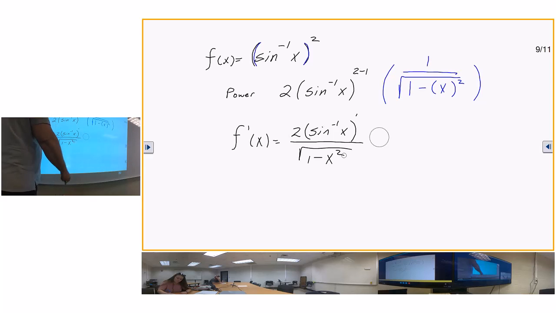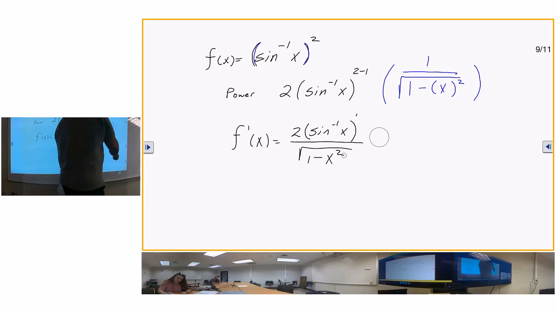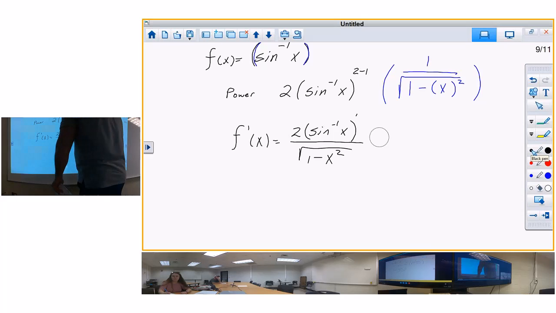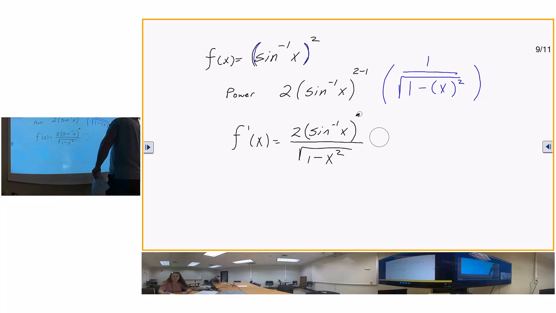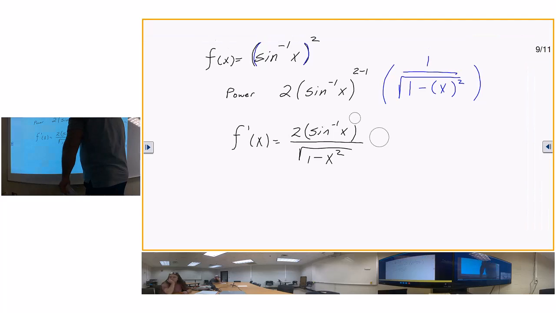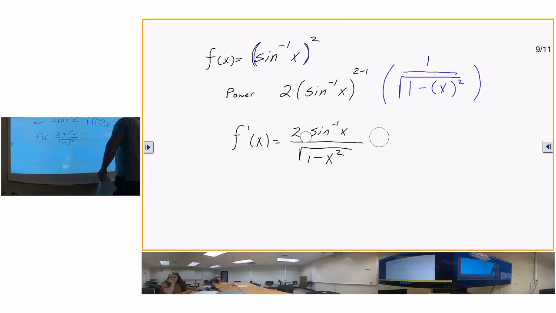And of course you don't need the first power, so you can leave the parentheses, or you can take the parentheses off. It doesn't matter since it's to the first power. So you can take that off, and that's your answer.